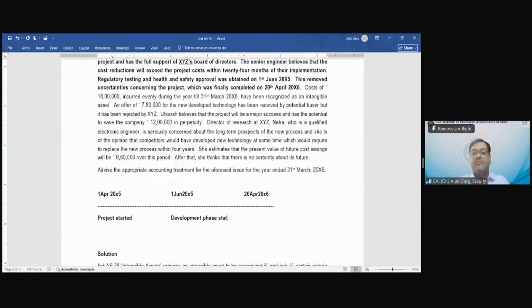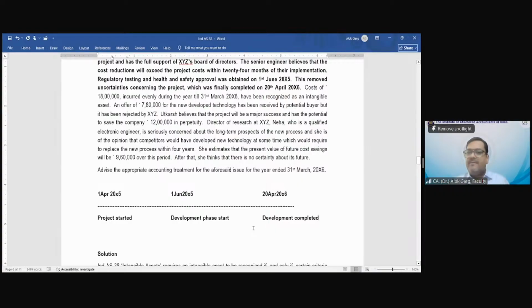And the regulatory approval came, right? It is written that the regulatory approval and safety approval was obtained. Okay. Development phase started 20th April 20X6. Development completed.